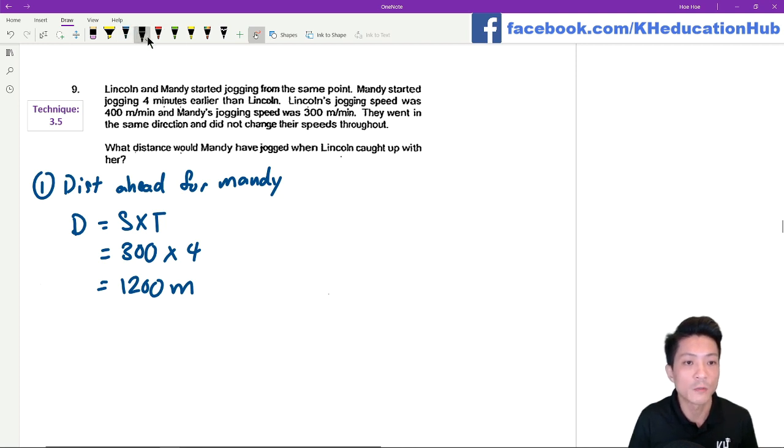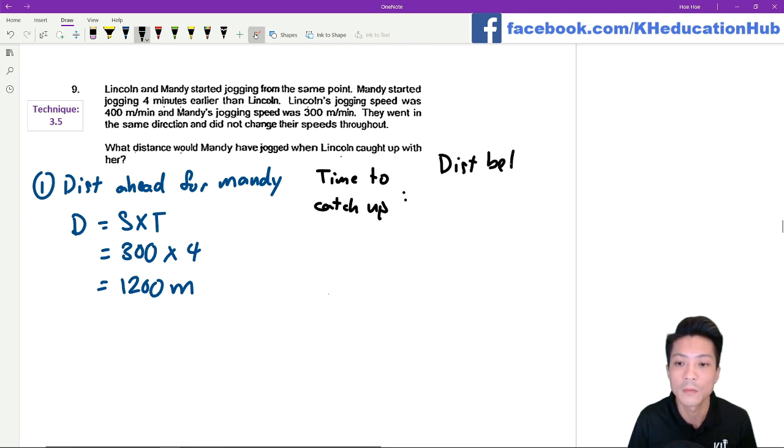There is a trick to find catching up, that is to find the time to catch up. We need to use the distance between them divided by the difference in their speed.